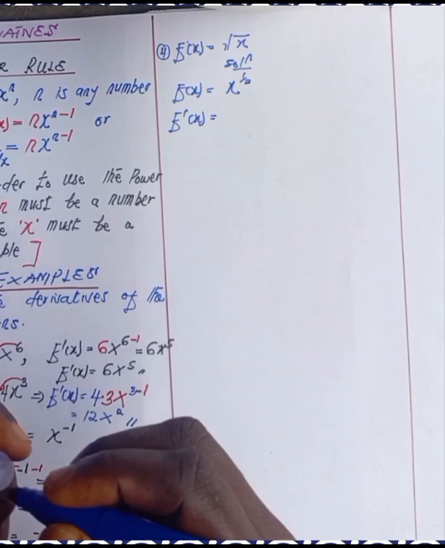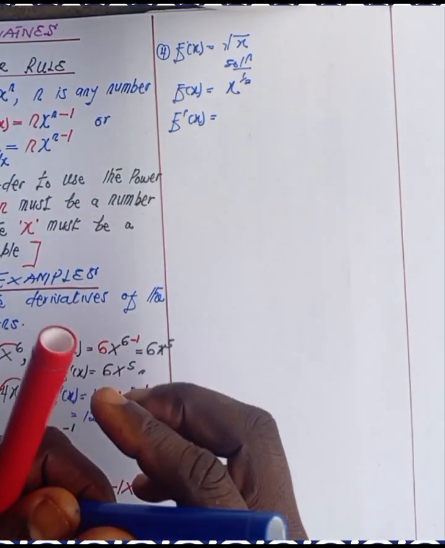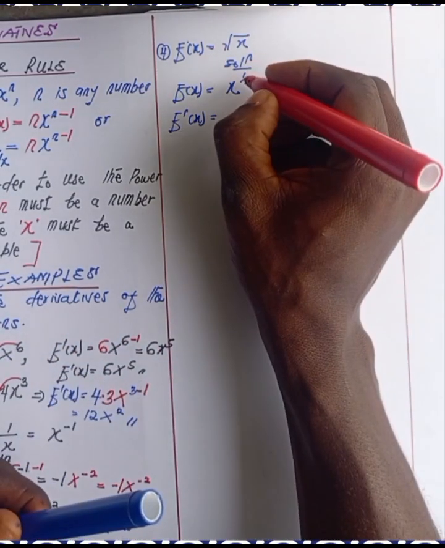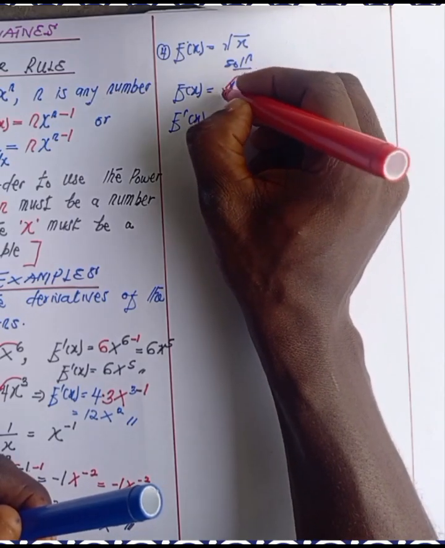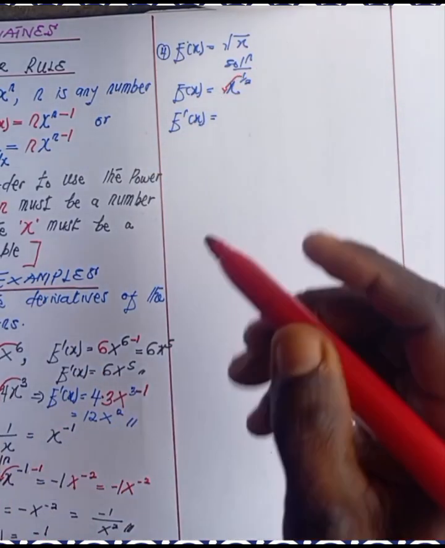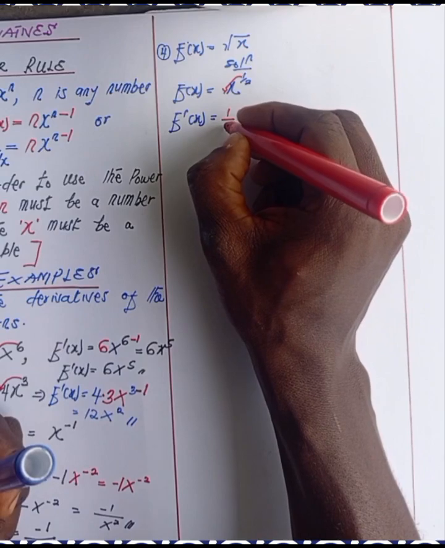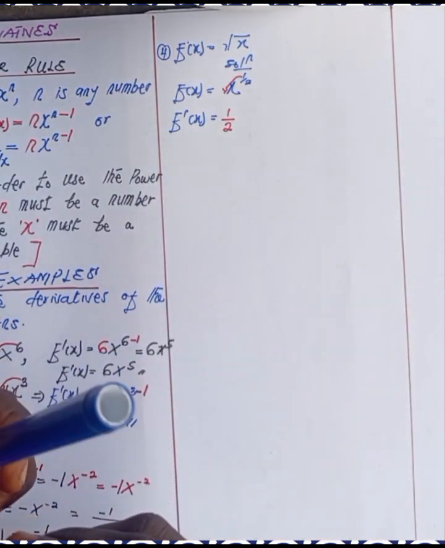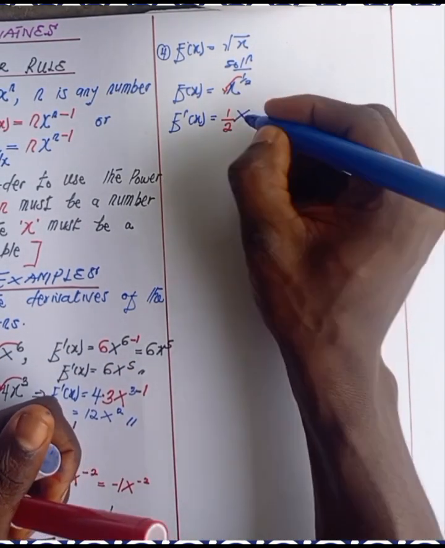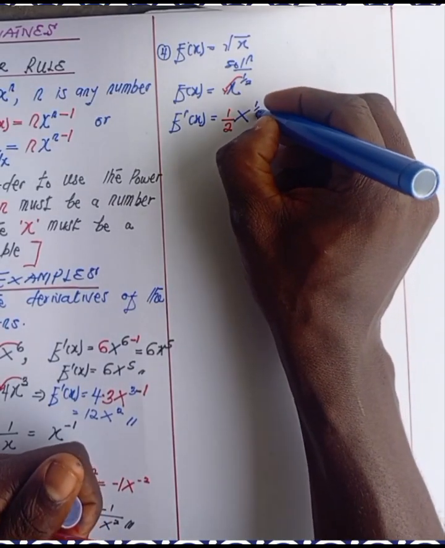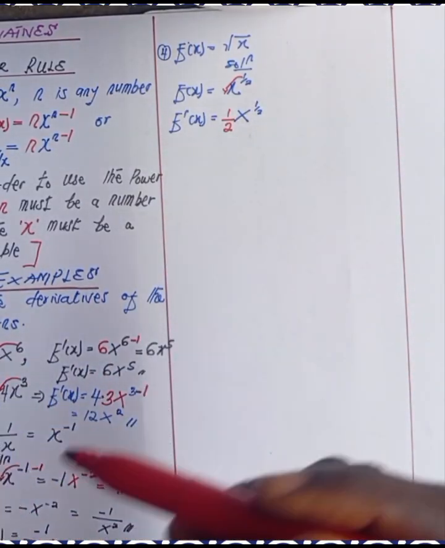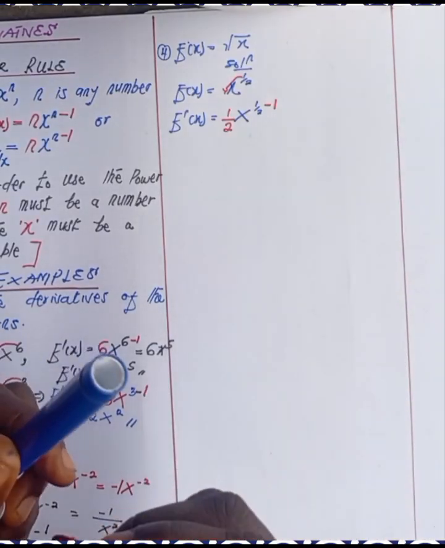So our derivative is going to give us half in front, so we get 1 over 2, which is the original exponent, times x exponent half minus 1.